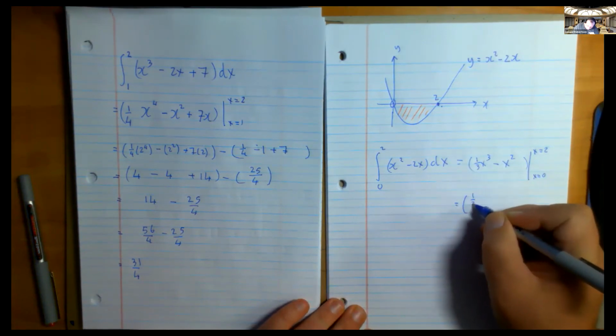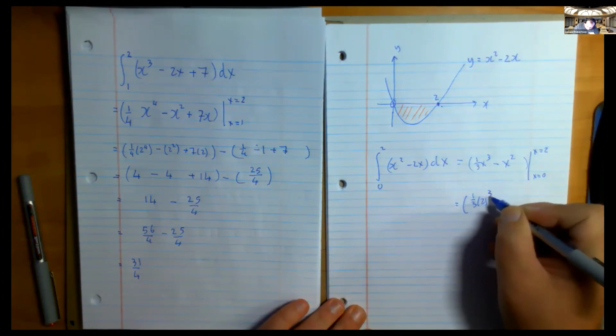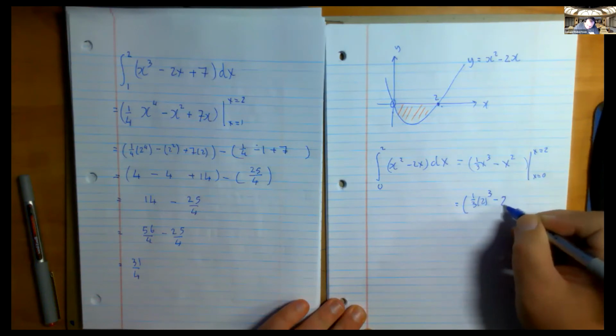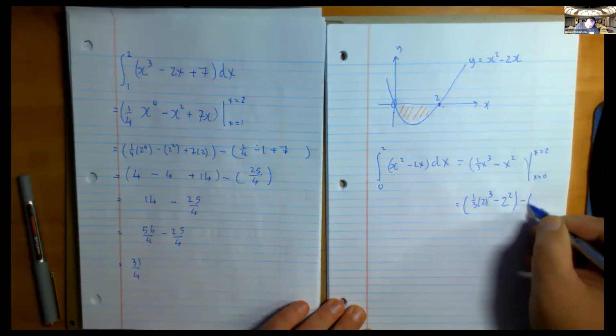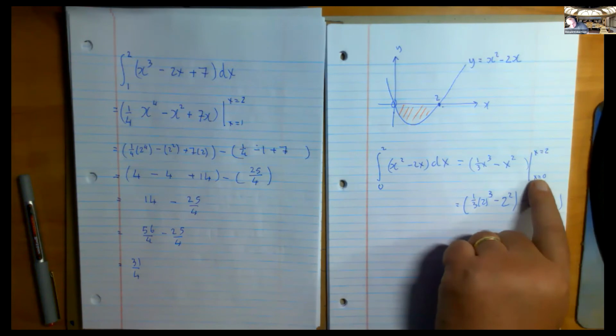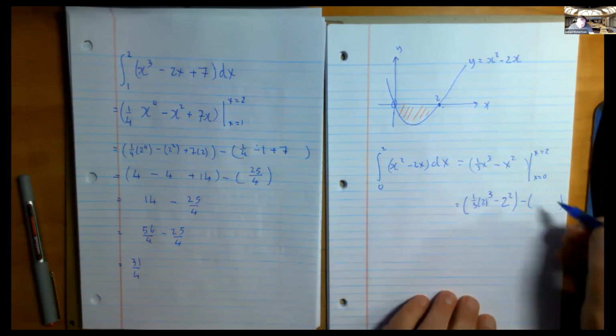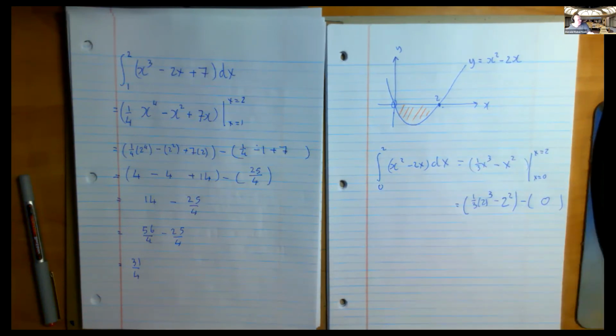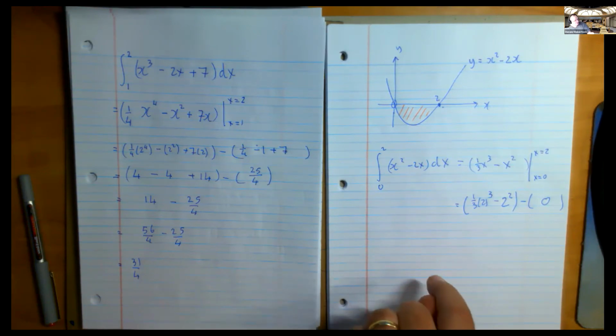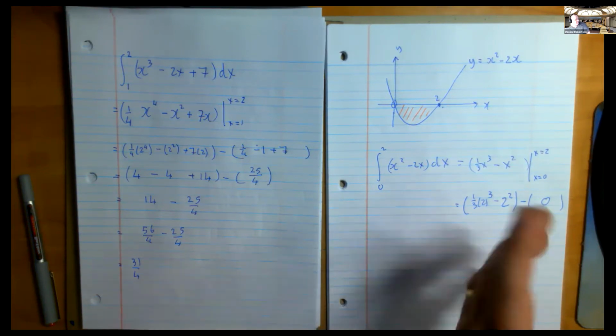And that becomes 1/3 2 cubed, take away 2 squared, minus, and I do this a lot, 0 seems to be a very common number for these questions. Would you agree that if you plug 0 into here, you just get a big fat 0? So I don't see any benefit in writing down 1/3 0 cubed, take away 0 squared.